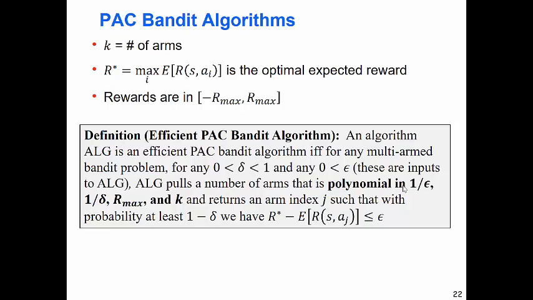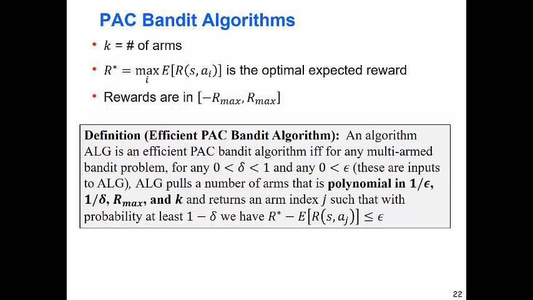And similarly, if I say I want you to return something that's within 0.0001 of optimal, you're going to have to do a lot more arm pulling compared to I want you to return something that's within 0.5 of optimal. Right? That's not nearly as hard. So this kind of makes sense, and this is what you'll generally see when we're talking about PAC. You're allowed to do more work for smaller epsilons and smaller deltas, because when those get small, it's sort of like asking more out of the algorithm. The guarantees are tighter.